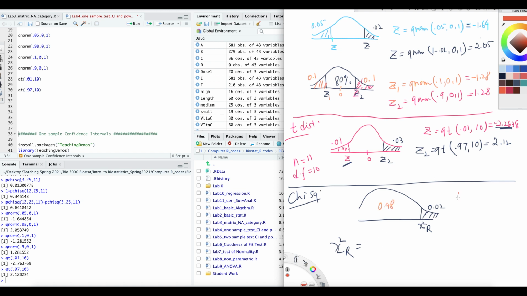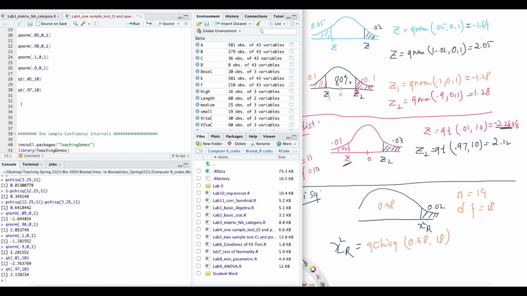And then let's say n equals 19. What is the degrees of freedom? It will be 18, right? So chi-square right equals, the left area is 98, so you do Q chi-square, and then left area is 0.98 and the degrees of freedom is 18. Let us find that out.